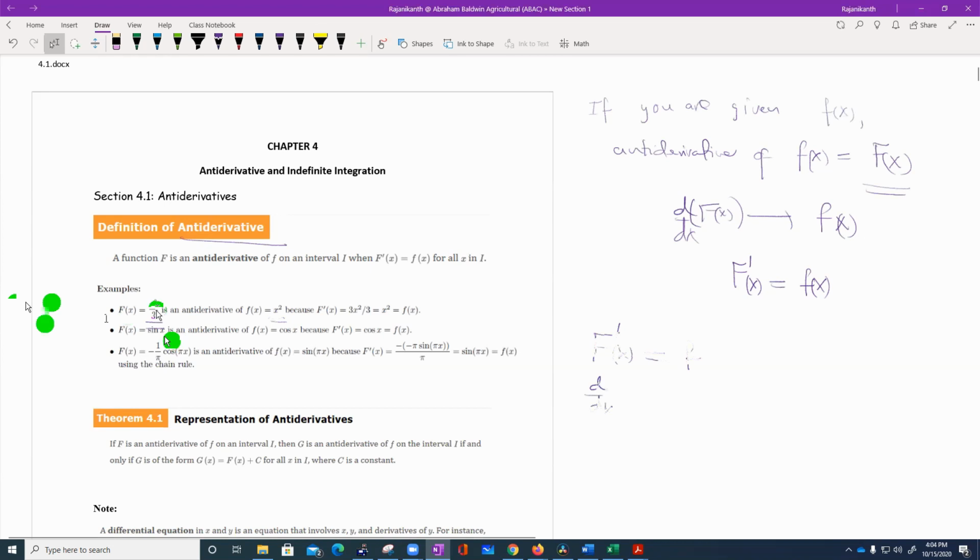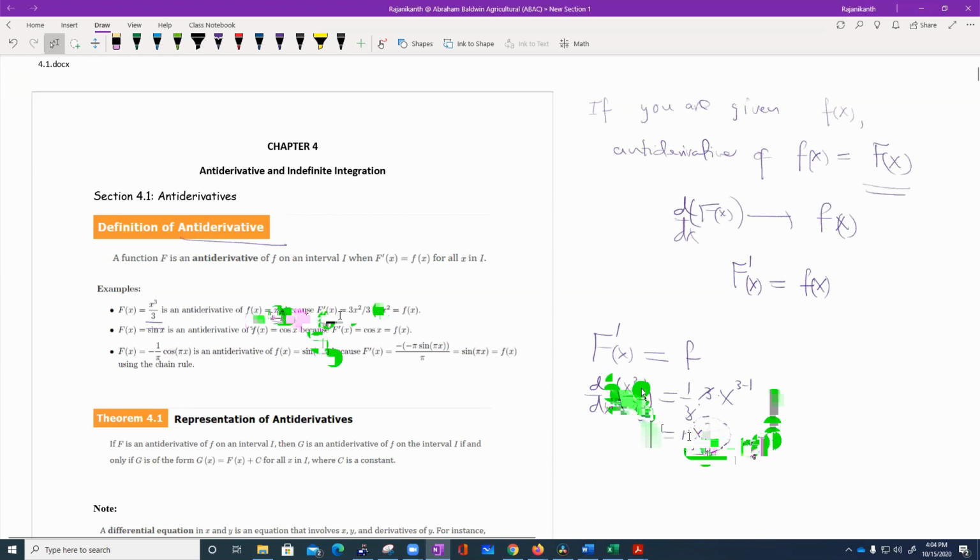The derivative of the given big F, x cubed over 3: the derivative of this is 1/3 times 3 times x to the 3 minus 1. The 3 cancels, and that is simply x squared. That means the antiderivative of x squared is nothing but x cubed over 3. That's what this says, right? Do you understand?